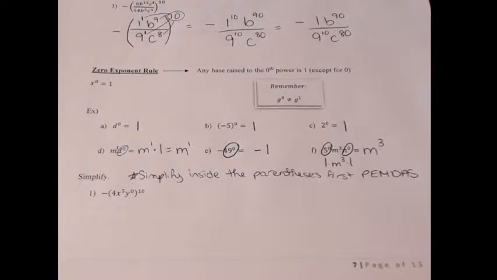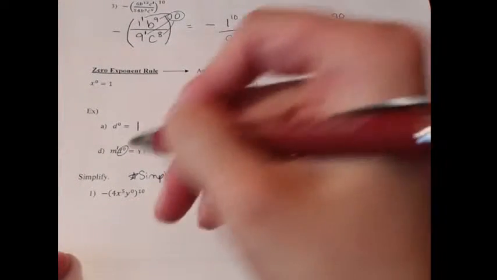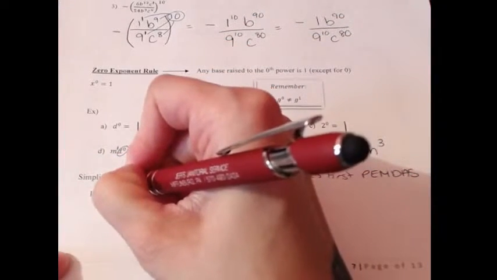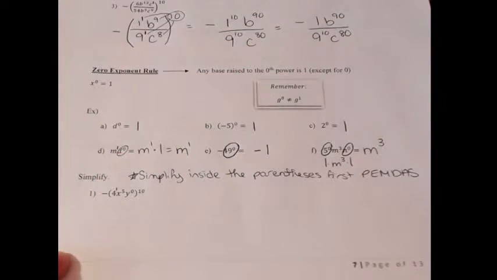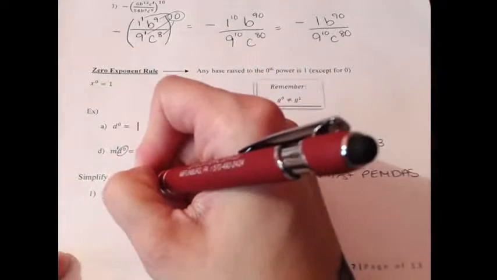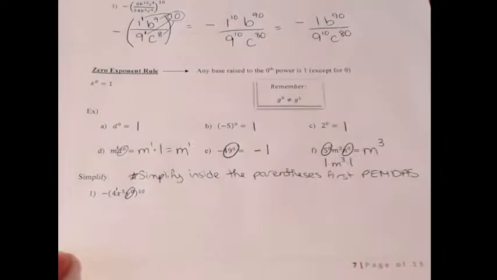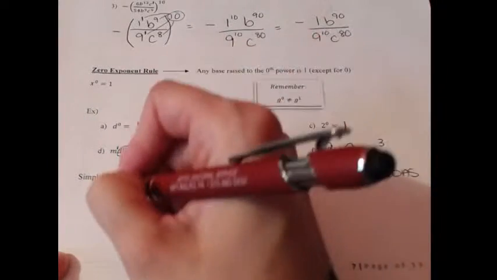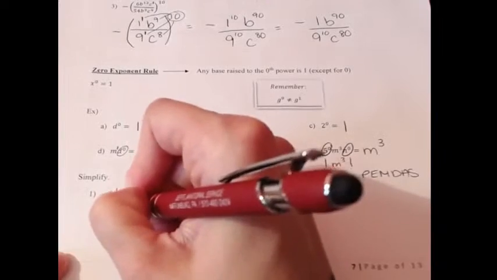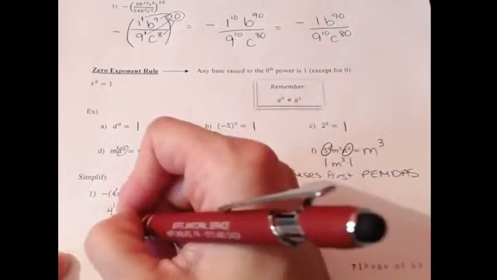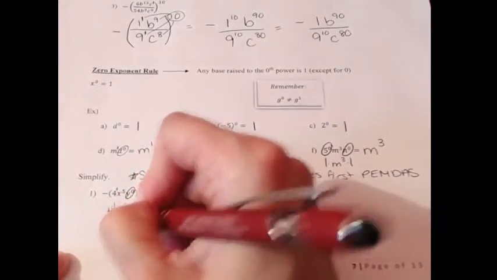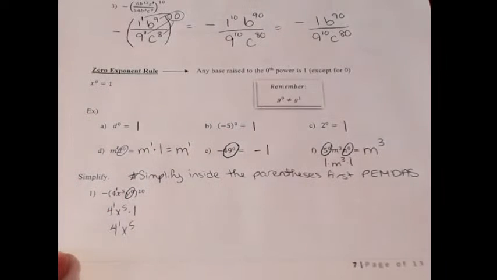If you think about what's inside the parentheses first, you'll note that this 4 is being raised to the 1st power, the x is being raised to the 5th power, and the y is being raised to the 0th power. So isn't y to the 0 the same as 1? If you had 4 to the 1st, x to the 5th times 1, wouldn't that still be 4 to the first x to the fifth? Yes, it would be.